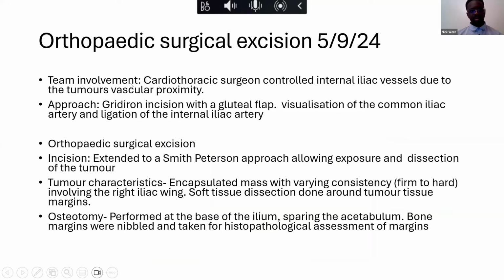And thereafter, we teamed up with the cardiothoracic surgeons who made a radial incision and controlled the internal iliac vessels.